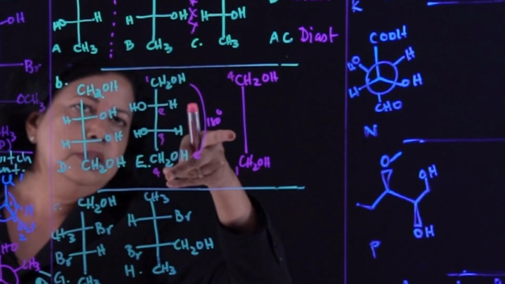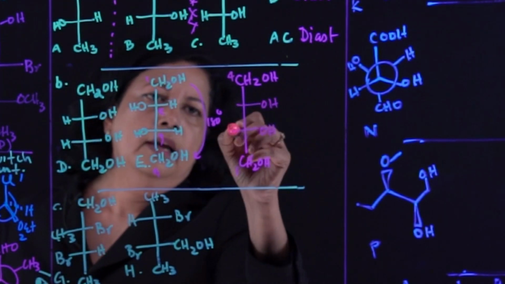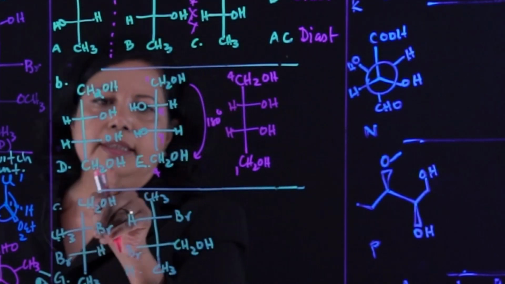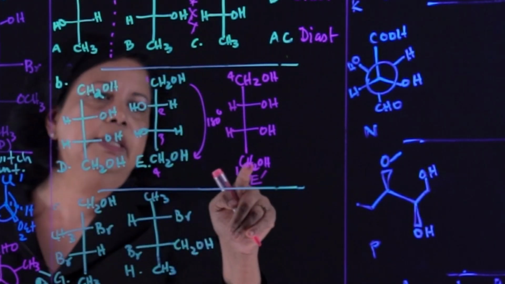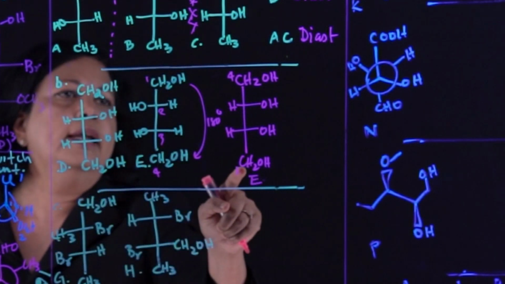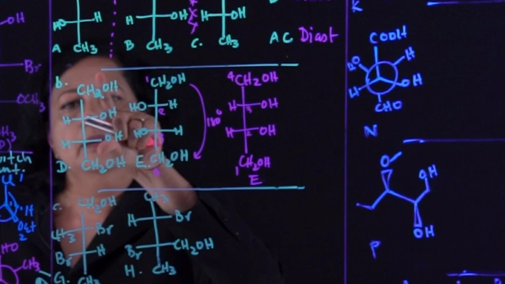All these groups are also going to be 180 degree rotated. H, H. Look at this. E, and I will put E prime, which is the same thing as E actually, so I should just label this E. D and E are exactly the same. I can take this and put it right on top.